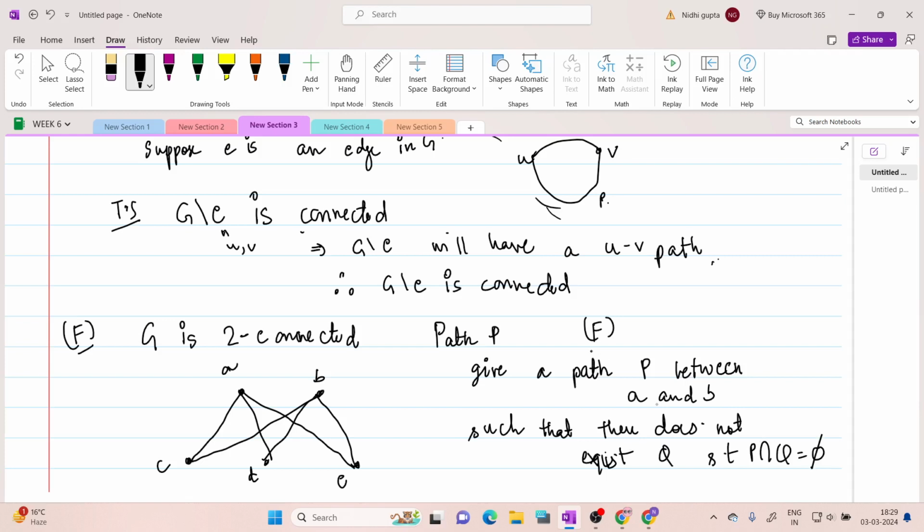So if we are saying this statement is false, I'm telling you it is false, and I'm also telling you this graph, K23, will give you a counter example, and it will be an AB path. So you just have to give an AB path. What is the path basically in this?